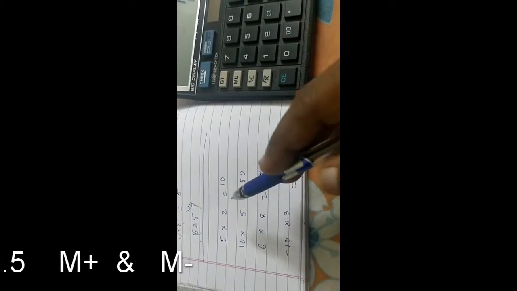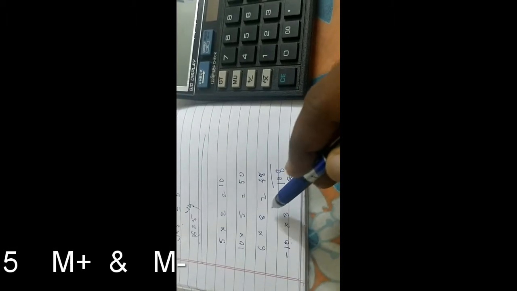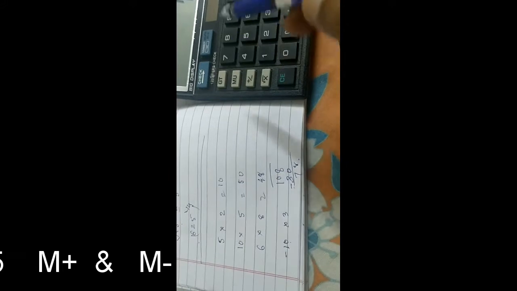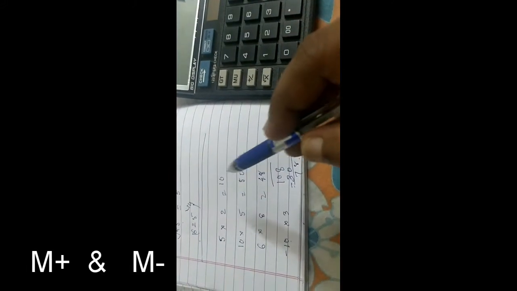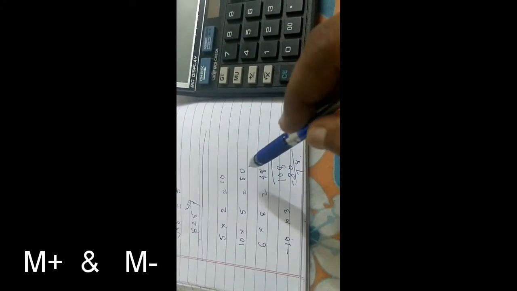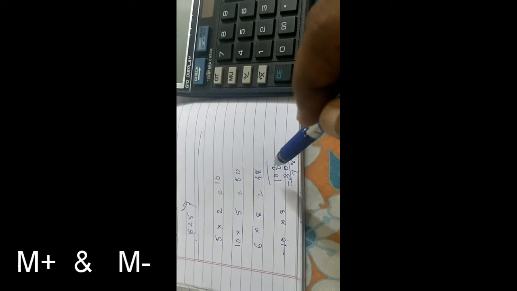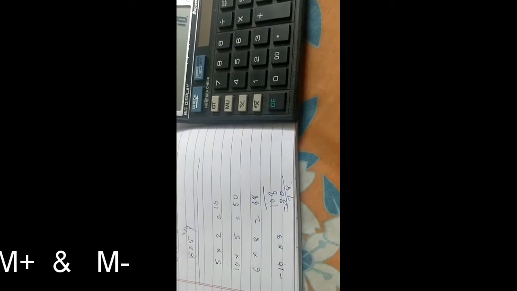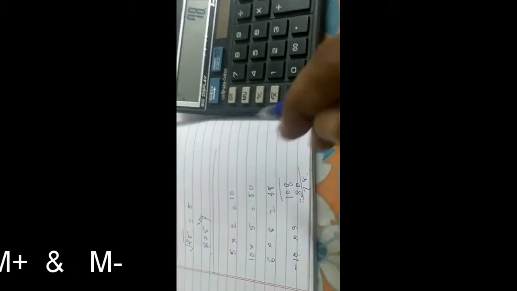So for each of the individual steps you are keeping a memory, that is 5 into 2 M plus, you get memorized over there, and for each of the thing you're doing M plus, and in between if you have something of subtraction you're pressing M minus, and with MRC you get the total.